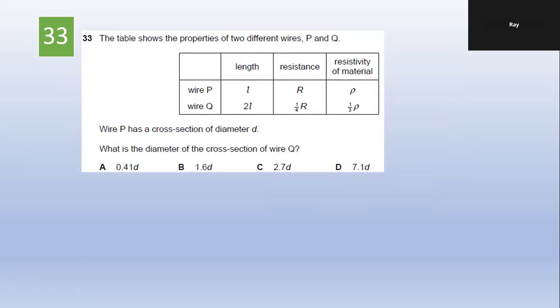Okay. The table shows the properties of two different wires, P and Q. Wire P has a cross-sectional area of D. What's the diameter of the cross-section of wire Q?